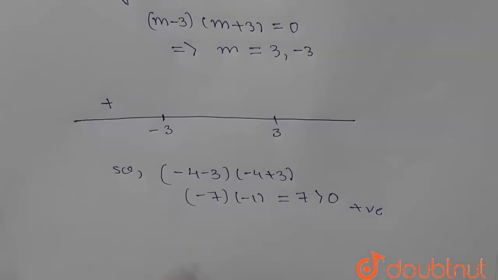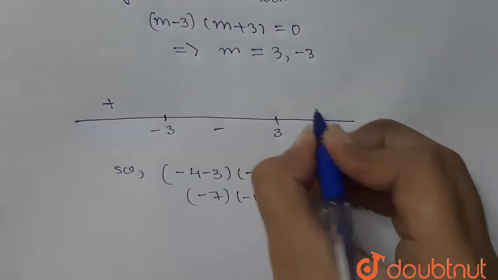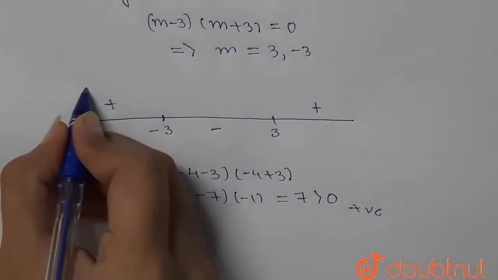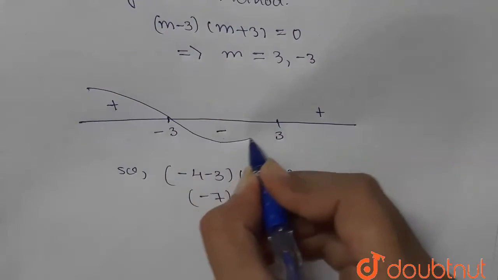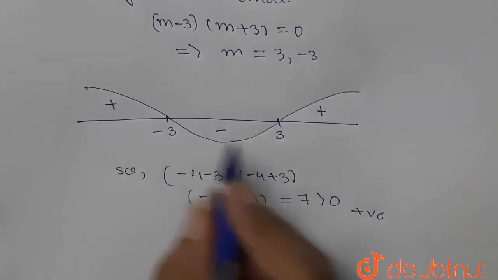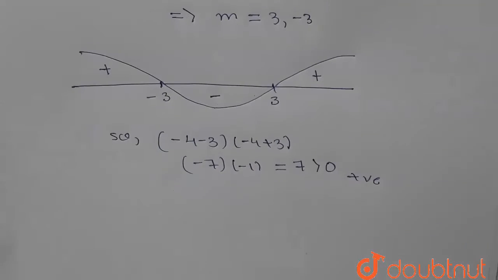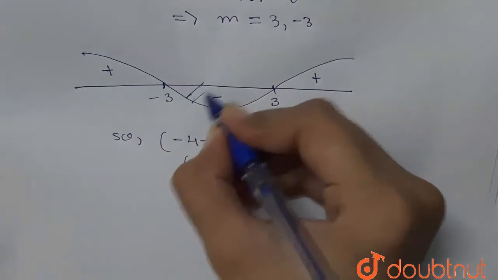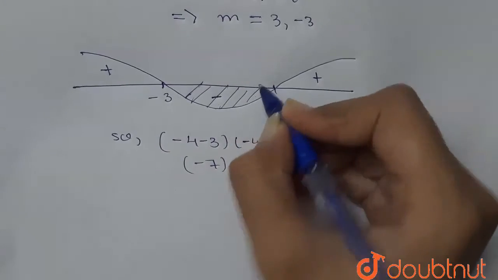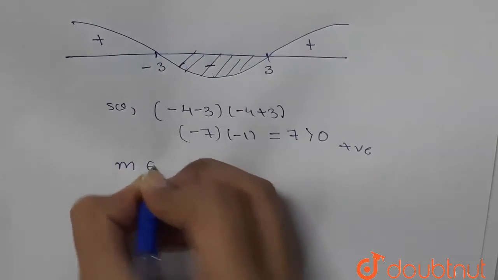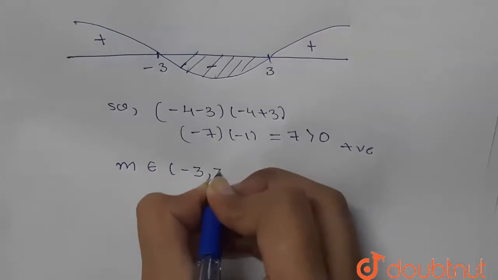So we can write this as negative and this as positive by the alternate sign scheme. The curve will go like this. Now if we break this into intervals, because we want the less than 0 interval, that means we want this negative part. So m will belong to the interval minus 3 comma 3.